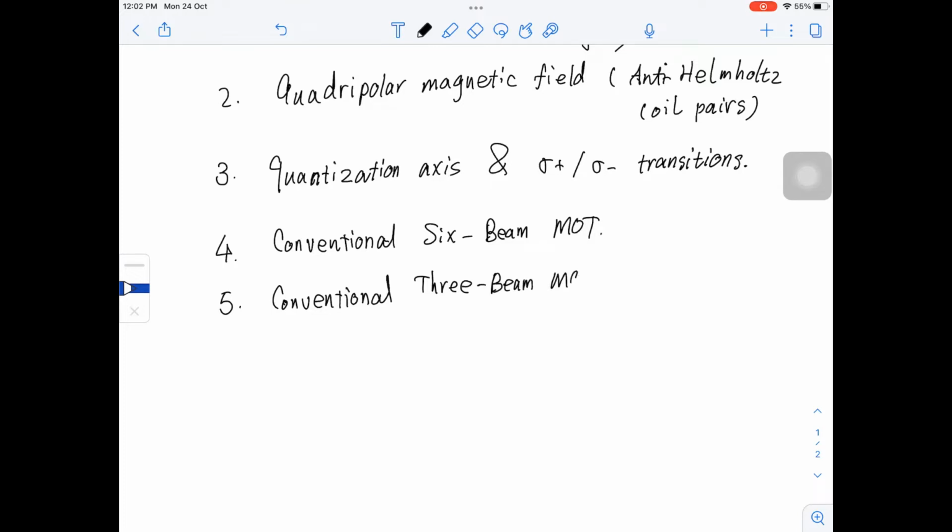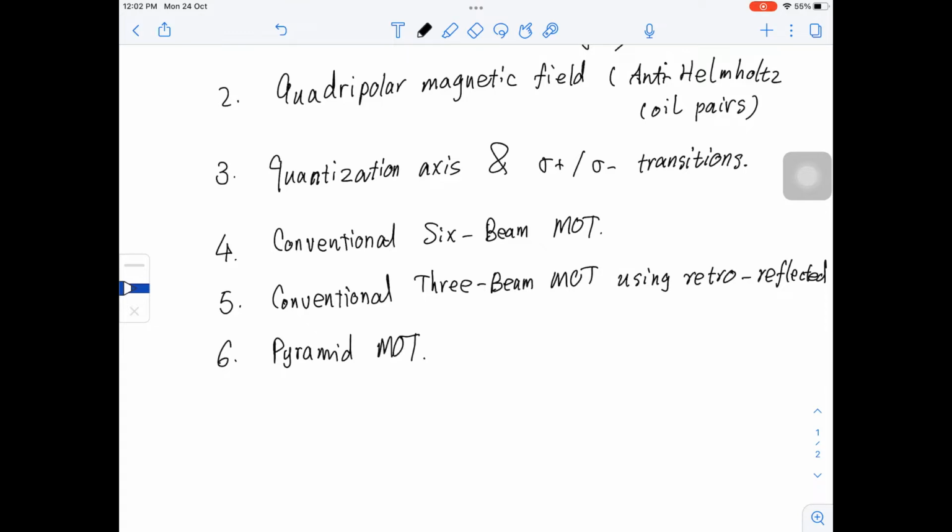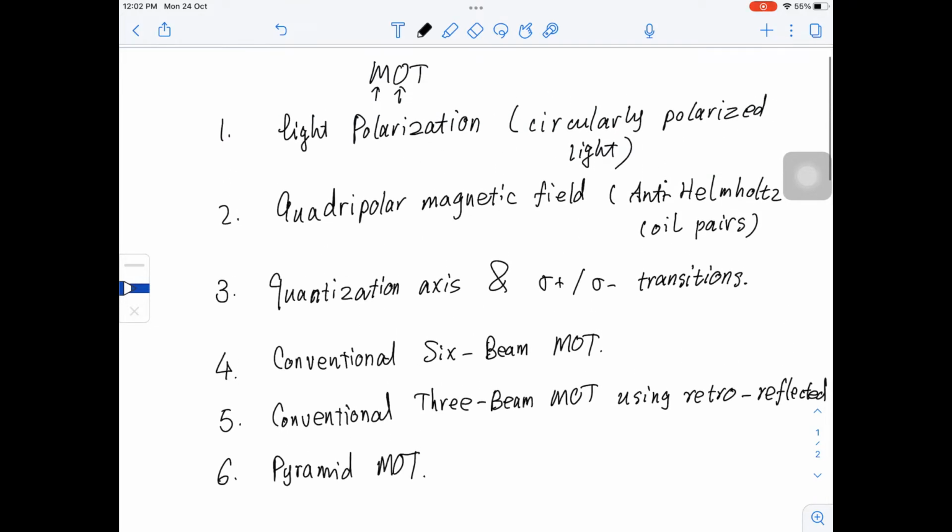But here we need to use a retroreflect configuration because we do need the counterpropagating beam to cool the atoms from both directions. And then I will talk about the pyramid MOT, which is in our case how to form the pyramid MOT. Okay, then let's begin.